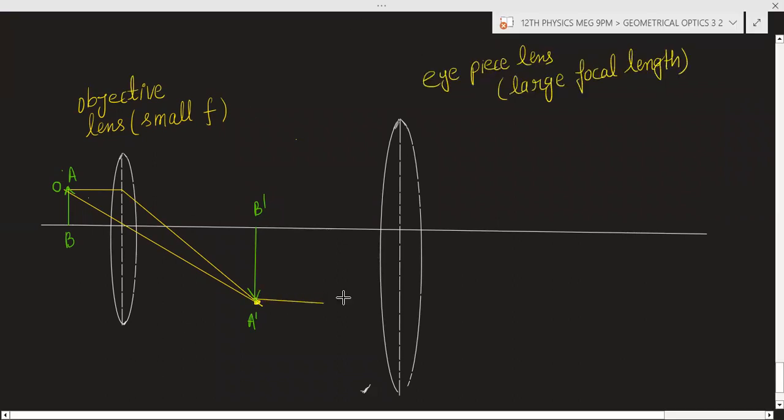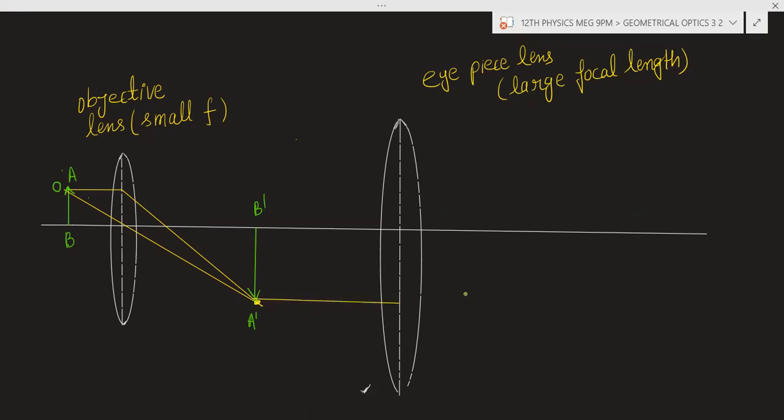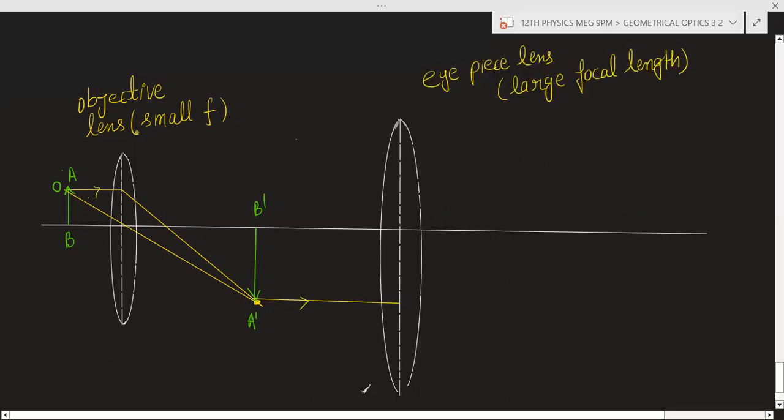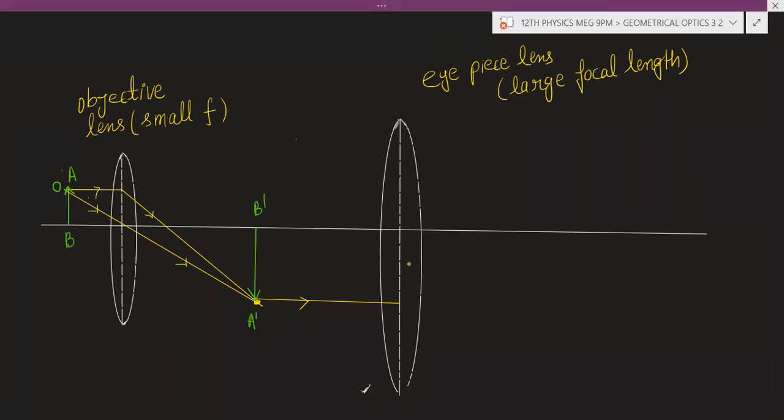The first ray will be parallel to the principal axis, and if it is parallel to the principal axis, it will pass through the focus of the eyepiece lens.